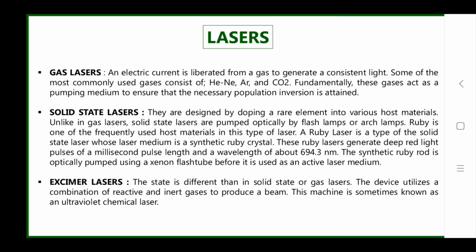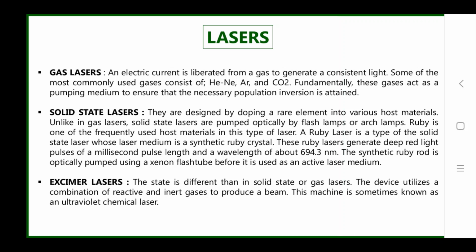Second is the solid state laser. They are designed by doping a rare earth element into various host materials. Unlike gas lasers, solid state lasers are pumped optically by a flash lamp or arc lamp. Ruby is one of the frequently used host materials in this type of laser. A ruby laser is a type of solid state laser whose laser medium is a synthetic ruby crystal.